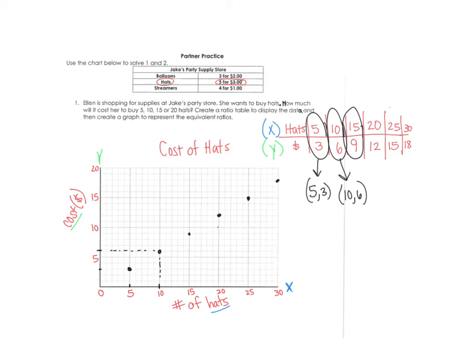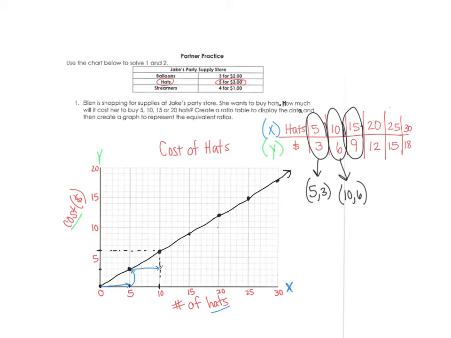Now you're going to notice that this creates a straight line, which I'm not sure how to draw on here, so we're just going to do the best we can. So I'm going to start here. If I bought 0 hats, it's going to cost $0, right? So I'm going to start here, and I'm going to do the best I can to draw a straight line, showing that every time I buy another 5 hats, I go up $3.